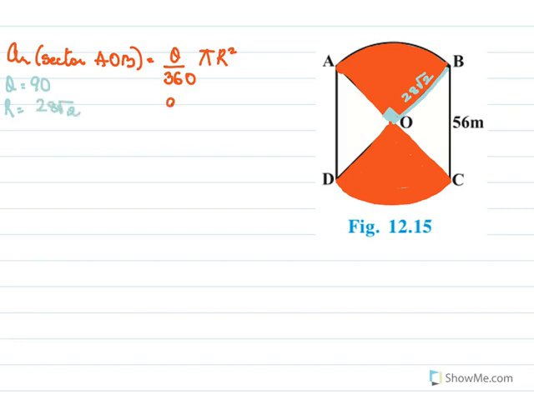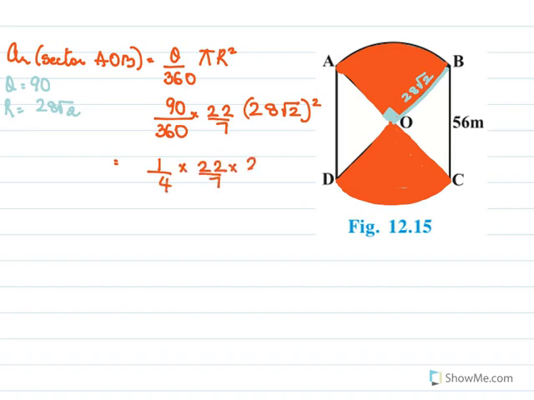So put the values. So we have 90 over 360, pi is 22 by 7, 28 root 2 the whole square. On reducing it, 1 by 4, 22 by 7, and this would be 28 into 28, root 2 squared is 2.